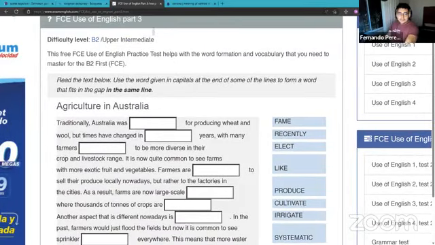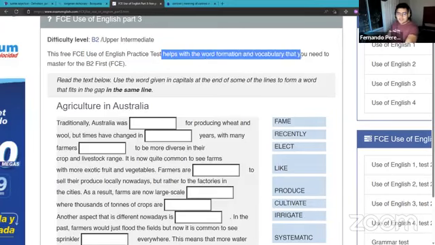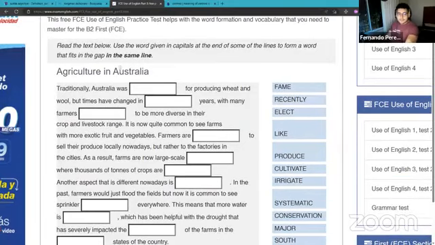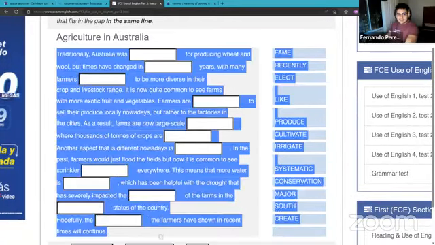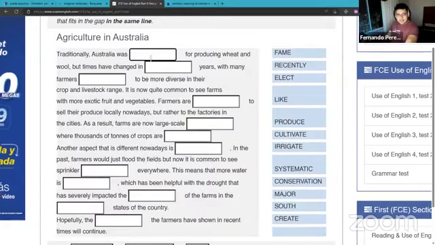It says here, this free First Certificate exam use of English practice test helps with the word formation and vocabulary that you need to master for the B2 First. Right? You are going to have a text, and this text has some gaps. You need to use the reference word and transform it in the correct word that you need for completing the text correctly.